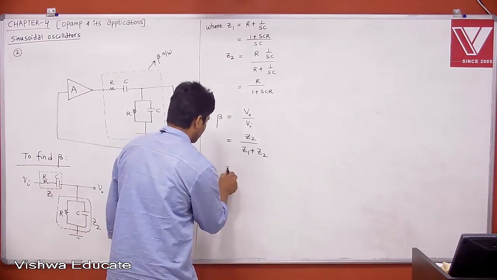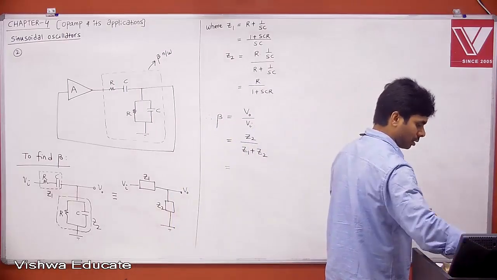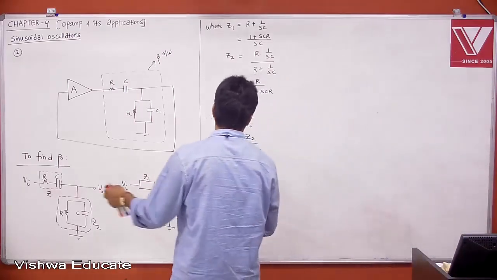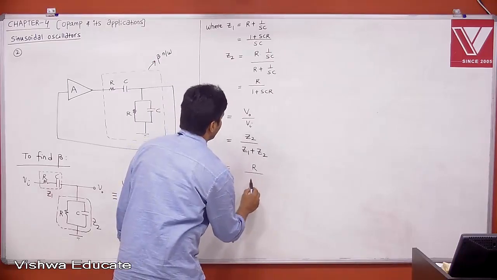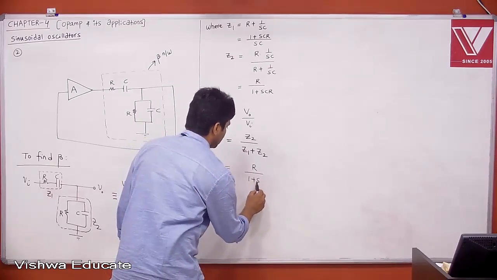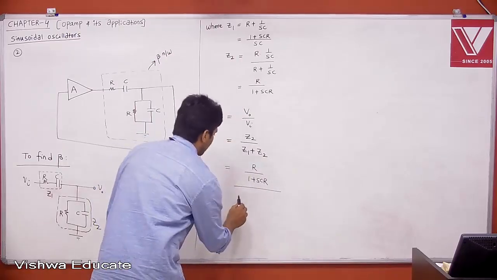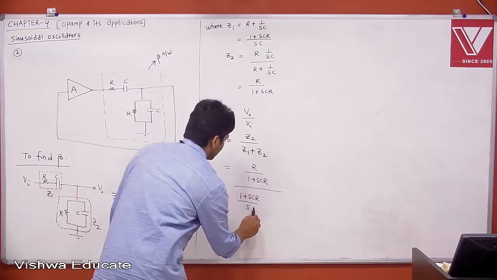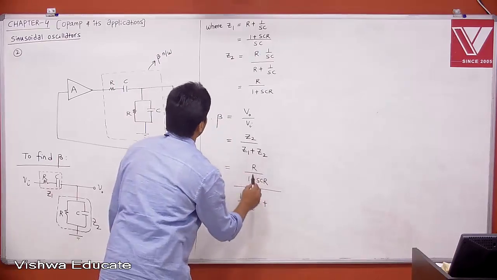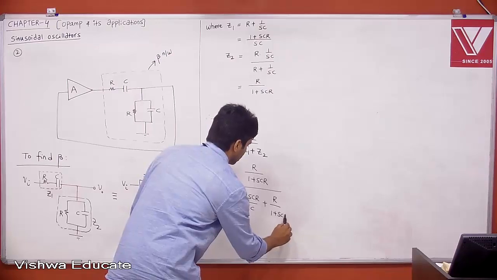Z2 is nothing but R divided by 1 plus SCR. Z1 is 1 plus SCR divided by SC, plus Z2, again the same thing, R divided by 1 plus SCR.